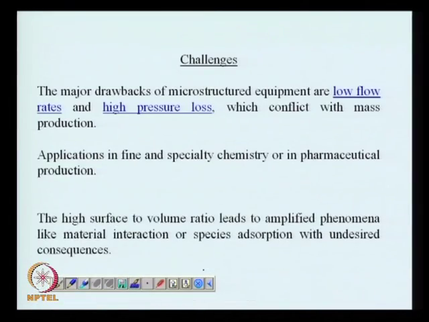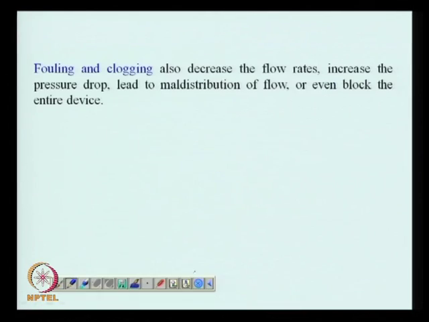Another thing that we have read is that the high surface to volume ratio may lead to amplified phenomena like material interaction or species adsorption, and this may have undesirable consequences as well. The fouling and clogging also decreases the flow rates.